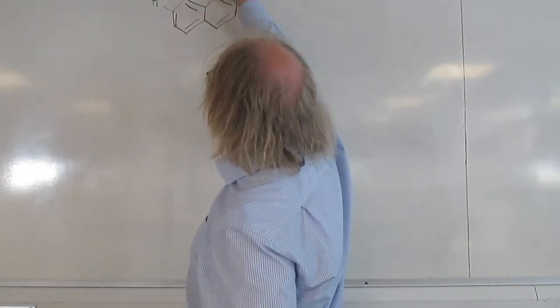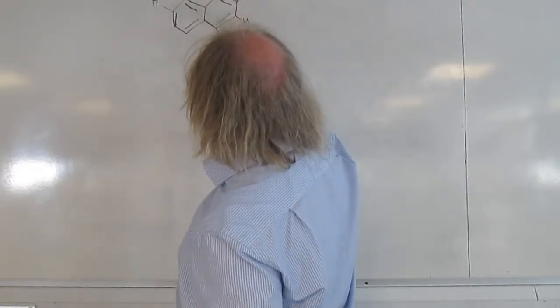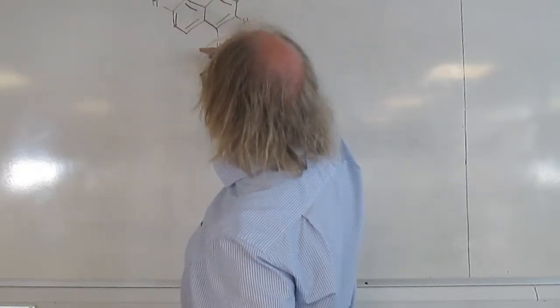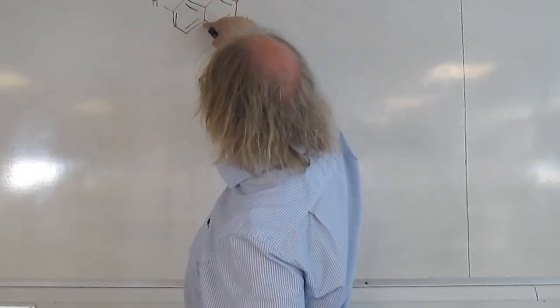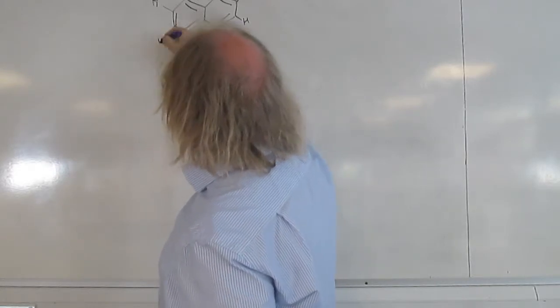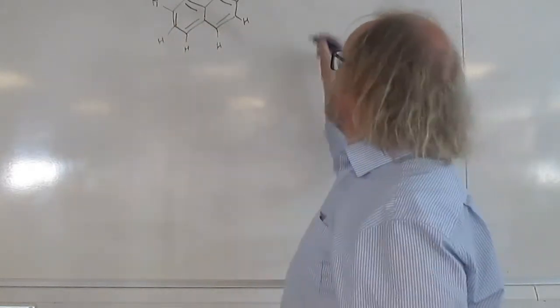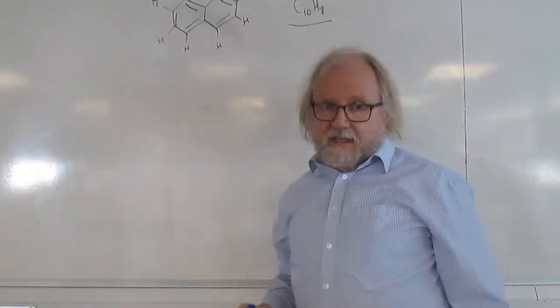This one has 3, this one has 3, this one has 3, this one has 3, and you can see just from the symmetry what's happening now, but it's just those 2 carbons which already have 4 bonds to other carbons, so they don't have hydrogens, but all the rest do. So you can see that you get 8 altogether, so it's C10, H8, and therefore the answer is A for that one.